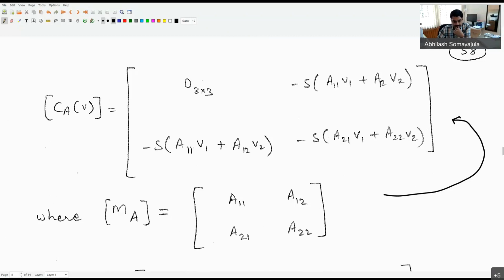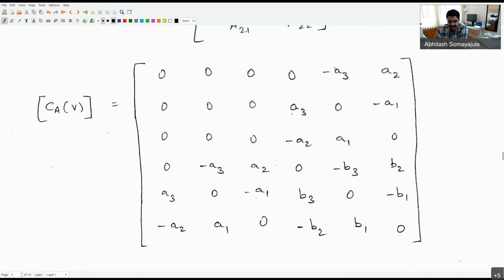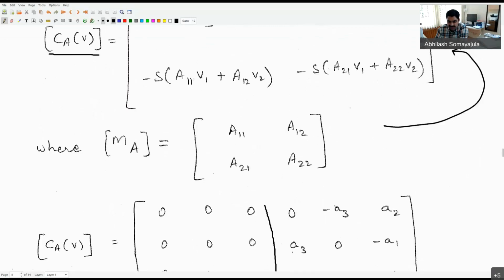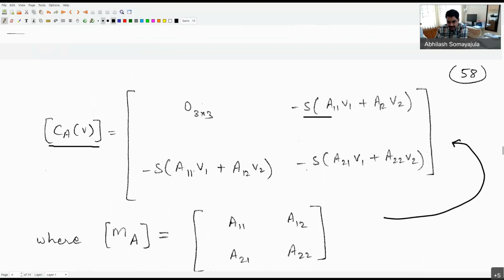Good. Now, if I do that substitution and expand this entire expression for this Coriolis matrix, you'll find that it comes out to be a matrix which has a 3 cross 3 block of zeros, and the other three chunks are skew-symmetric matrices, which we expect them to be, right?